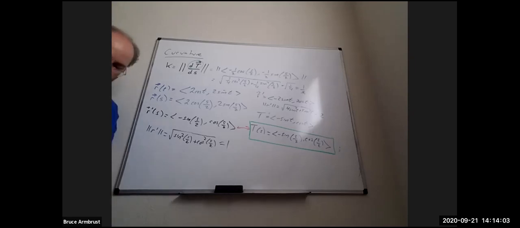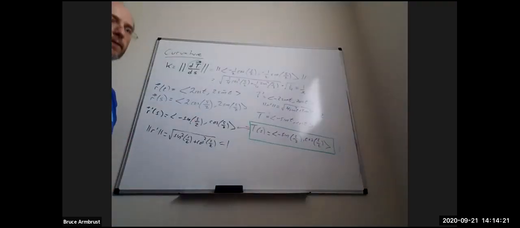Now, I want you to think about this though. This definition requires that we have this thing in terms of s. We have this in terms of the arc length parameter. And that's not always the case, right? In fact, we saw that trying to change it from t to s could be kind of a pain. Look at what happened with that weird helix thing. We got that horrible formula that related s and t.